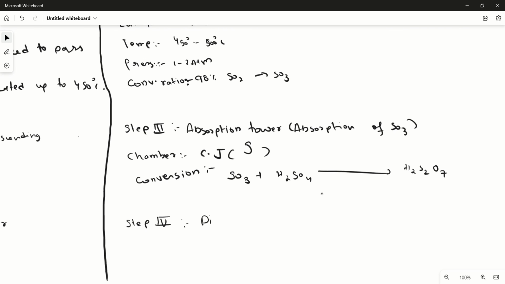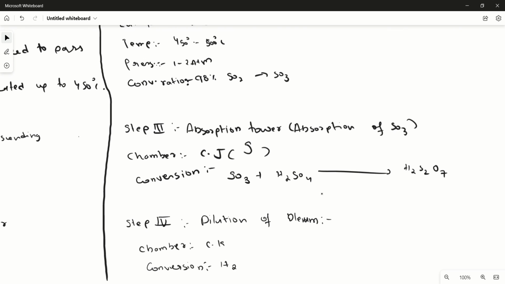Great. Now, this isn't exactly a step, but I think I'll count it as a step. This is the dilution of oleum. The chamber is chamber K, or the dilution tank. This is the final process in the contact process.